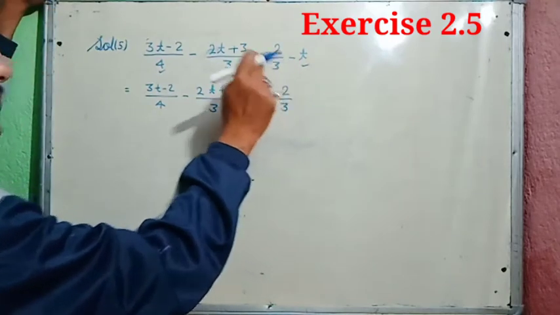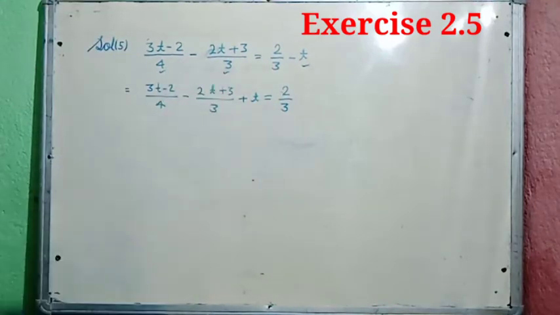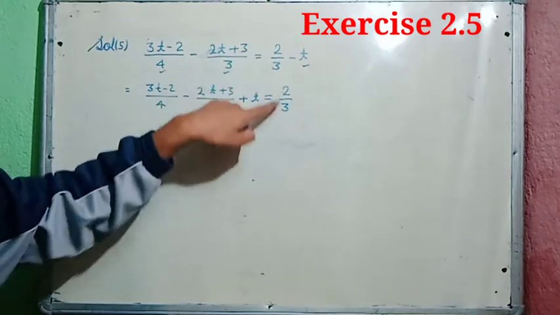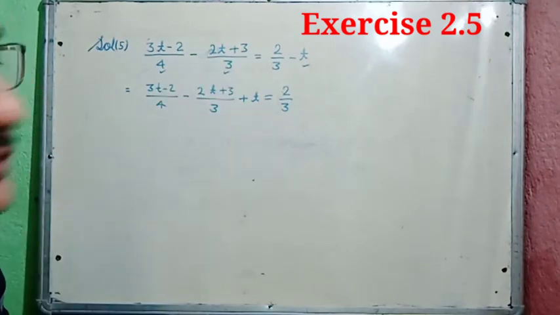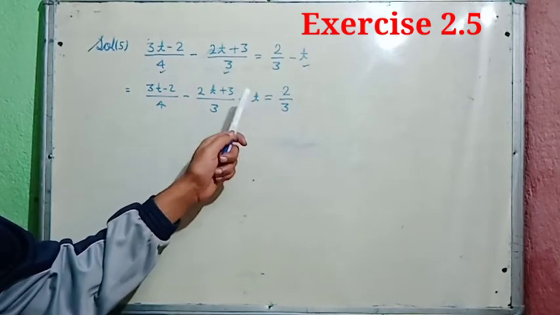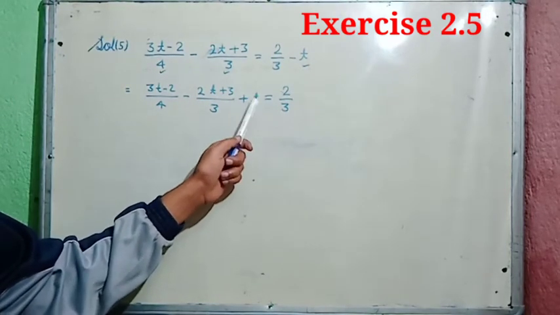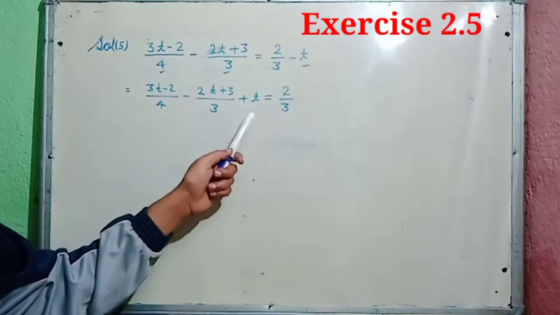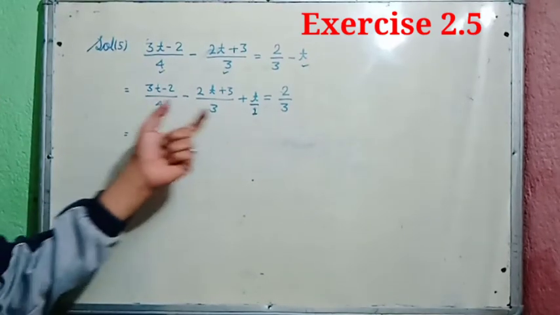Only we have only one constant, so on right side only we will write only this constant term, which is 2 upon 3, right? Now you can suppose this, we can replace this t as t divided by 1, so that you could take LCM easily.